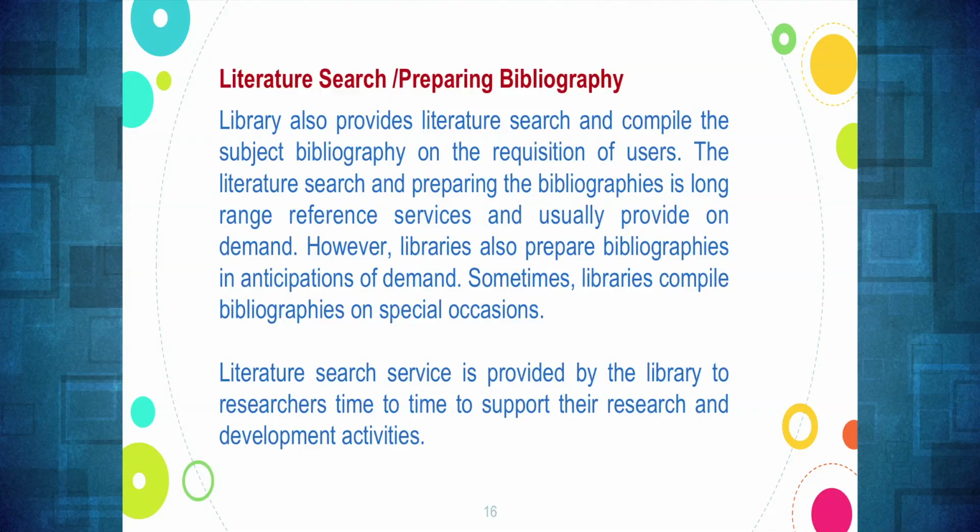Then another type of responsive service is literature search or preparing bibliography. In this, we search the literature related to the topic of the study of the researcher or allied area of the study, and then we compile the list of the literature and supply it to the researcher. In the literature search, there are various strategies librarians have to follow.